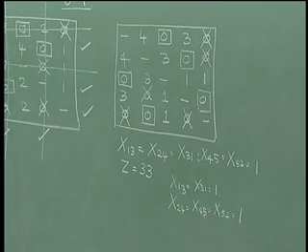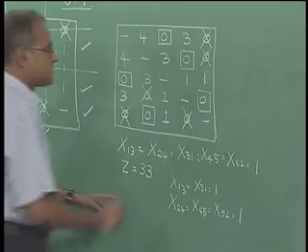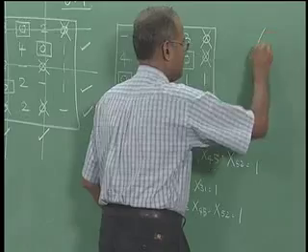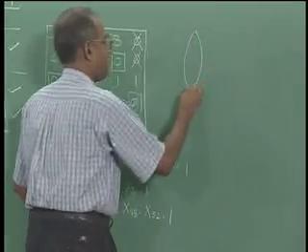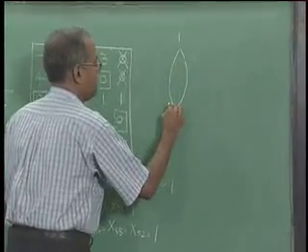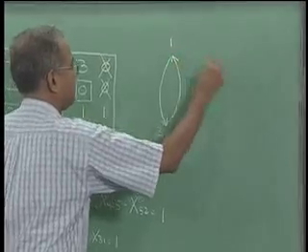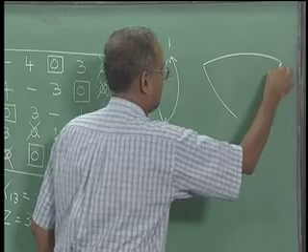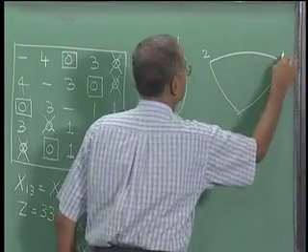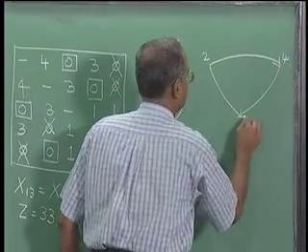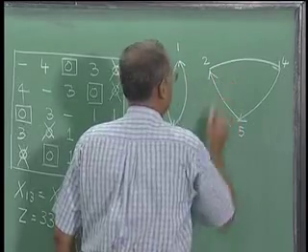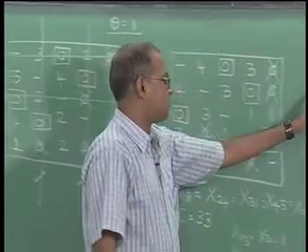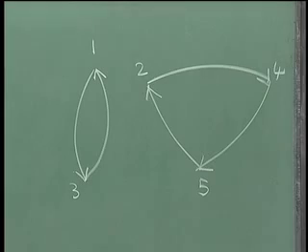So, there are 2 subtours in this solution, and these 2 subtours are shown like this. So, 1 3 and 3 1, and then we have 2 to 4, 4 to 5 and 5 to 2. So, there are 2 subtours here.